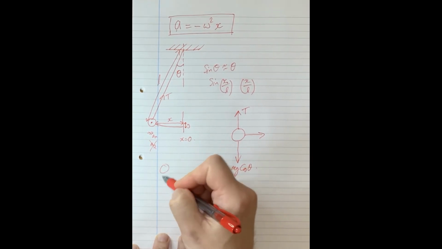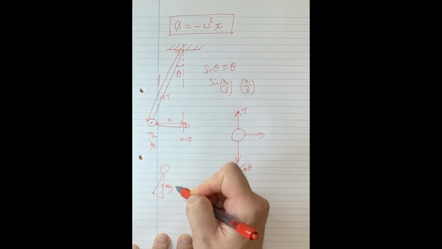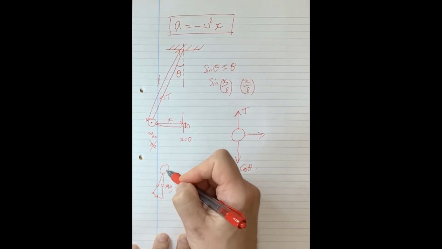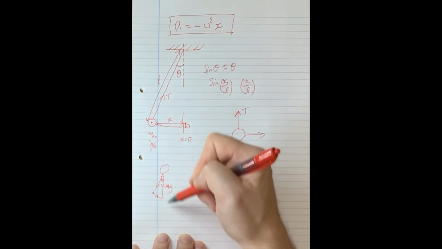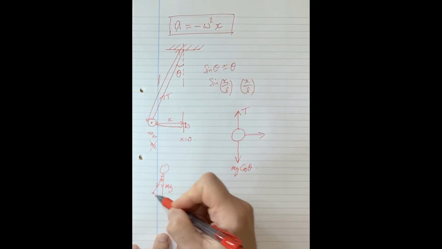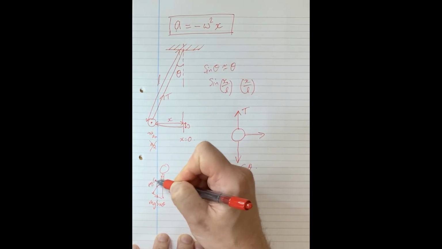If you want to know how I'm getting that component, this is the weight of the object, then you can break it up into two horizontal and vertical vector components. There's the angle at which the weight is to the vertical, and so this would be mg sine theta and this would be mg cos theta.